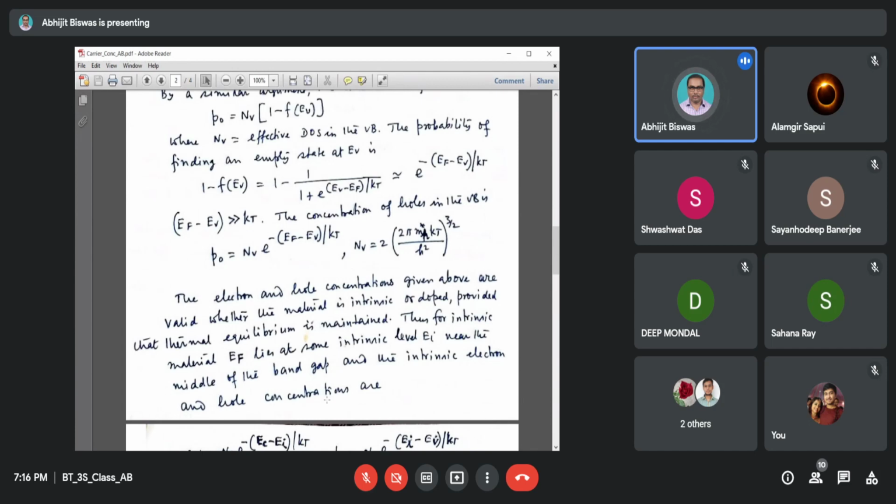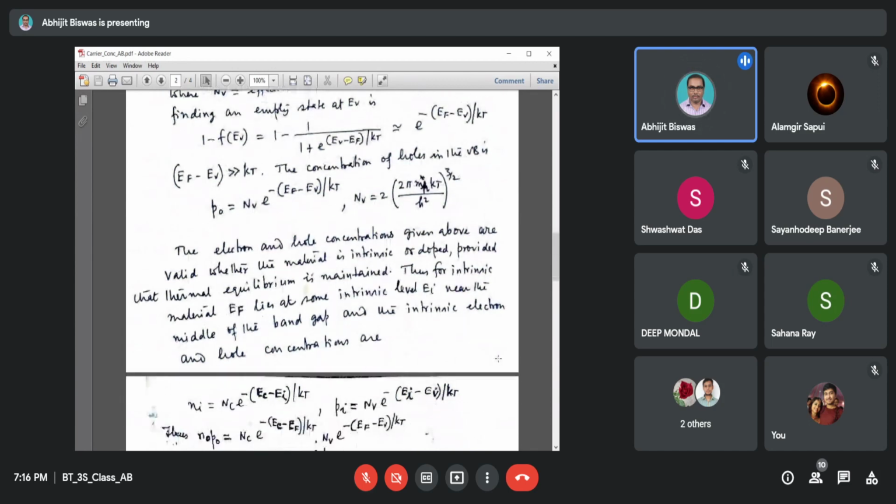Usually it is located near the middle of the band gap, but not necessarily exactly at the middle position. It depends on other factors, and I'll discuss it later.